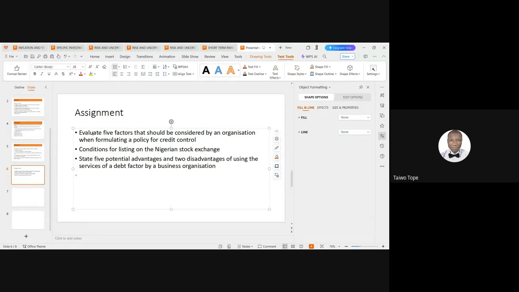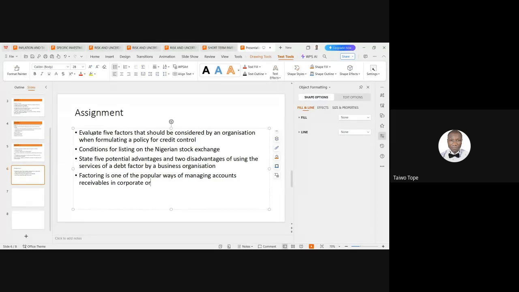Now, another question is this. Factoring is one of the popular ways of managing accounts receivables in corporate organizations.